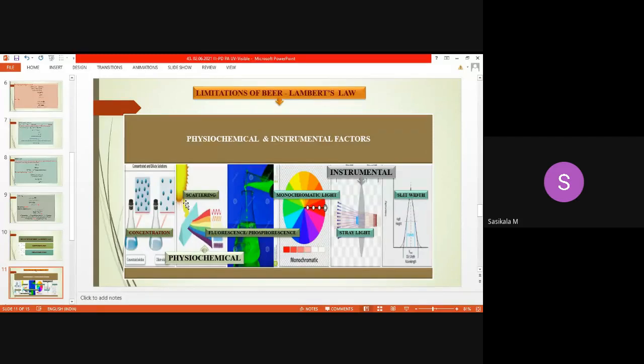Then scattering of light. We need to measure absorbed light. If scattering or reflection is high, that will also interfere with the Beer-Lambert's law. Limit means restrict the Beer-Lambert's law. Then fluorescence and phosphorescence. If the sample is emitting radiation, the absorbed radiation is emitted and may be absorbed again.